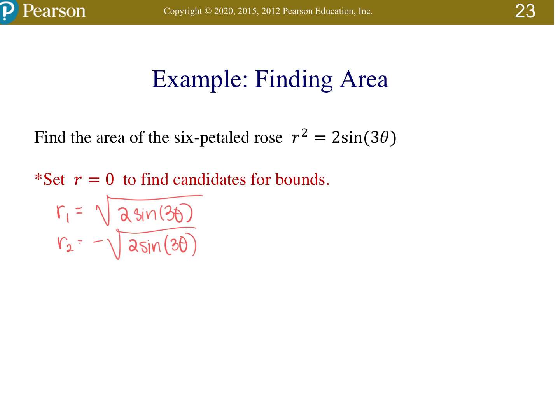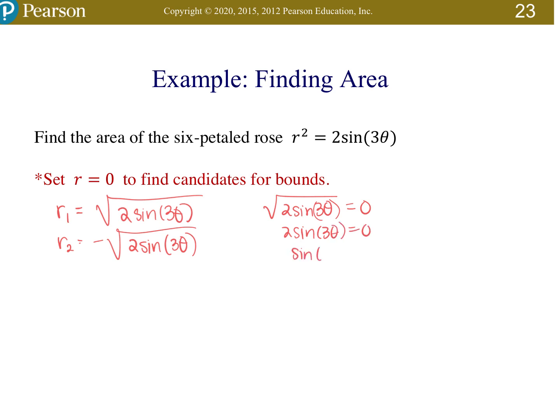All right, so we only need to really focus on one of the petals, because we don't need to do all 6. We can just find one of them, and then hopefully remember to multiply by 6. So let's find the bounds just for one petal. To find the bounds for one petal, I take one of the equations and set it equal to 0. So I'll take 2 sine 3 theta and set it equal to 0, and I square both sides, still have 0.